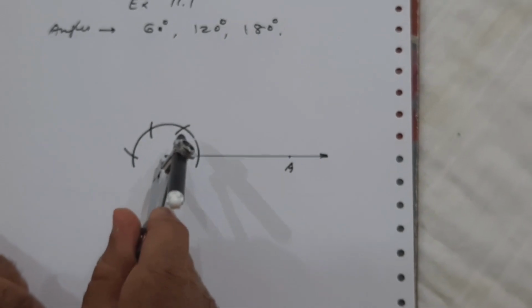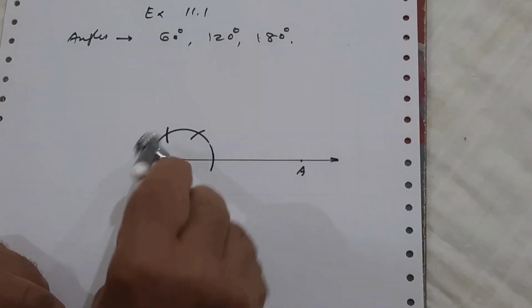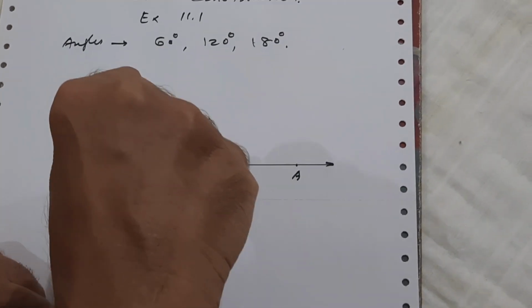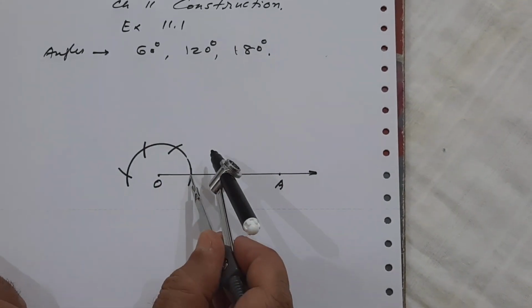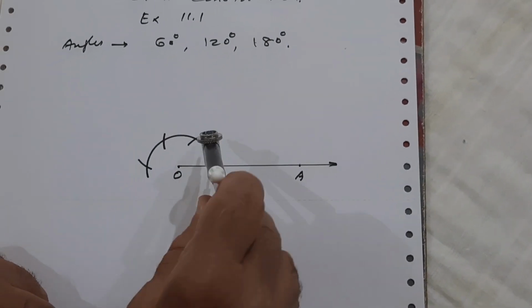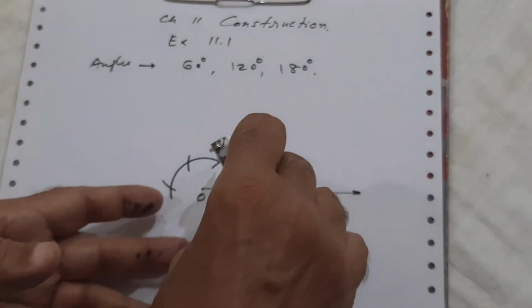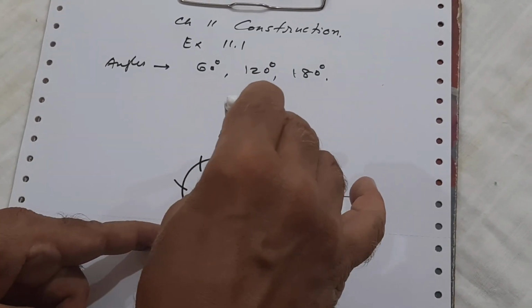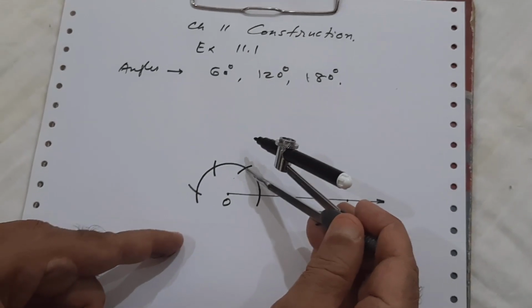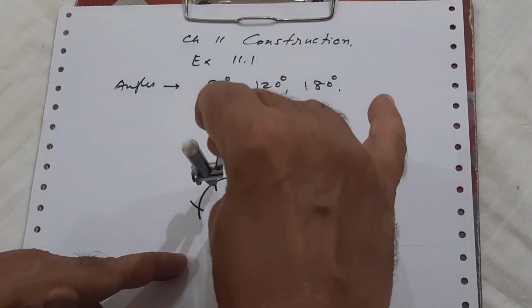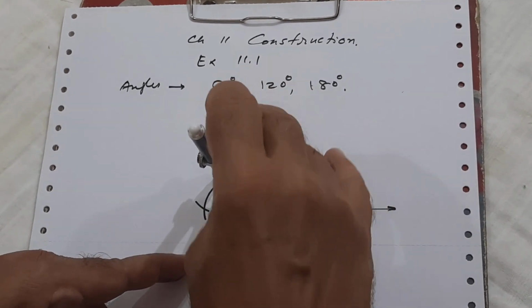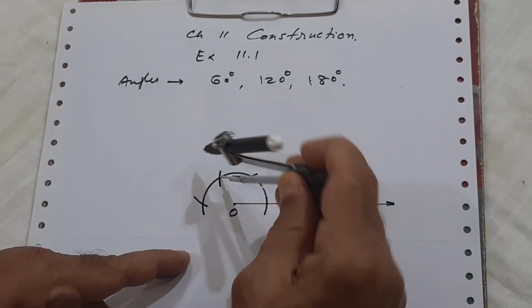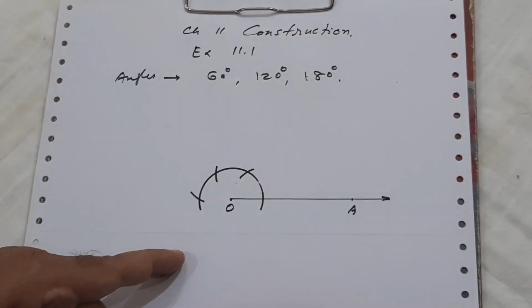See it again. So this is your first arc. Where it intersects the ray OA, that point of intersection, you may name it or not. Same radius, draw one arc. From this point of intersection, draw second arc. Again repeat the same. The third arc will be there.